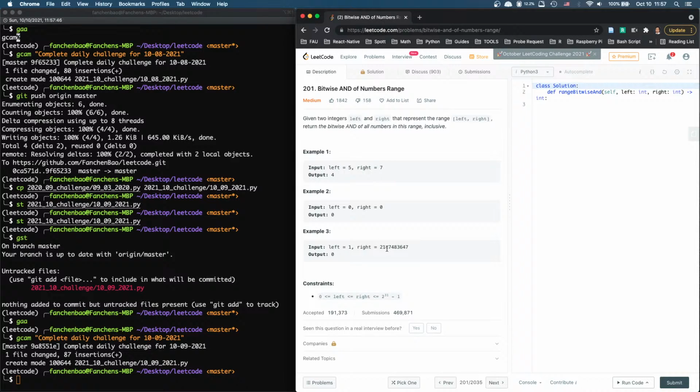So let's say 5. The number of bits in 5 is 3 bits, right? So the maximum you need to worry about is 3 bits, which is 111. Which is 8? Wait, no, that's not 8, that's 7. So it's going to be 1 left shift the number of bits in the left minus 1.